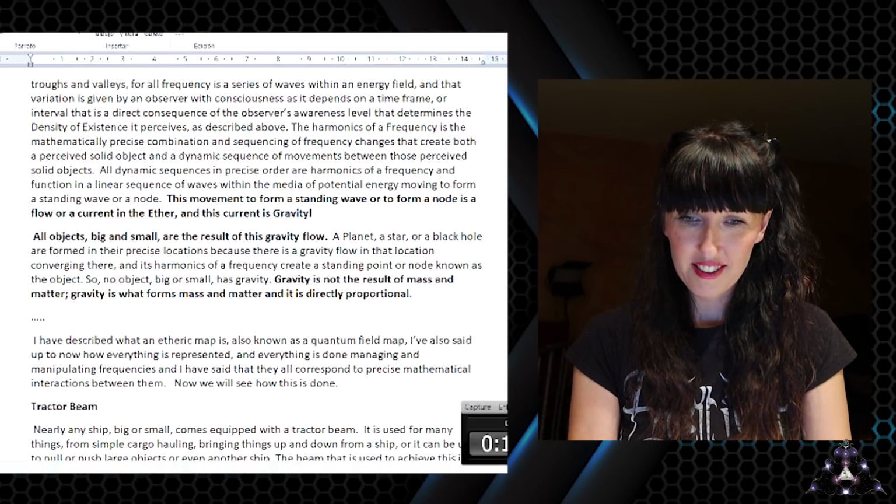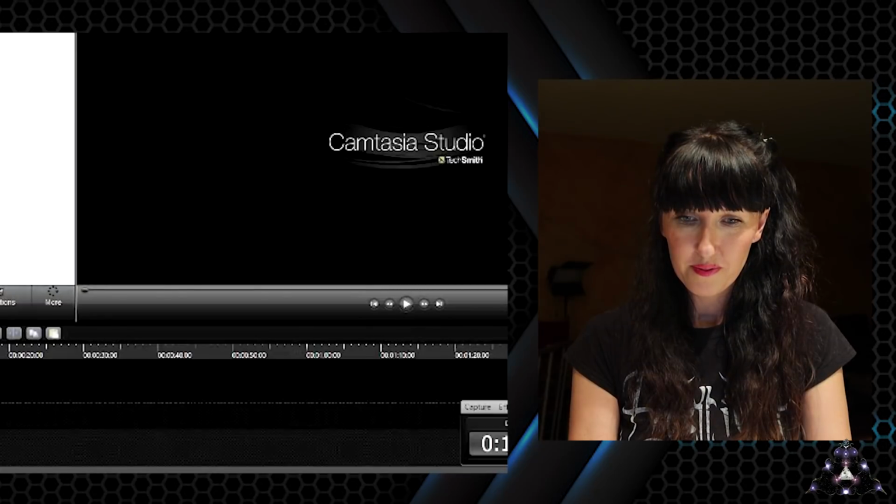Exactly, and there are more terms to add to this: how frequency plays a role in that, and how attention plays a role. But you're right. It's actually this flow of energy that is in charge of providing gravity to a mass, to a planet.